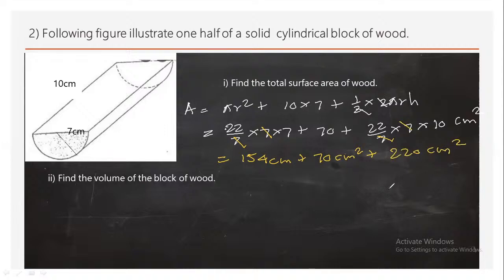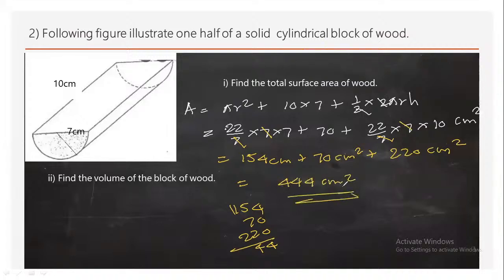This all together, 154, 70, 220. 4, 5 and 7, 12, 12 and 2, 14, 1 remaining, 2, 2 and 4, 4. 444 square centimeter. Let me recheck again. 154 plus 70 plus 220. Yeah, 444.